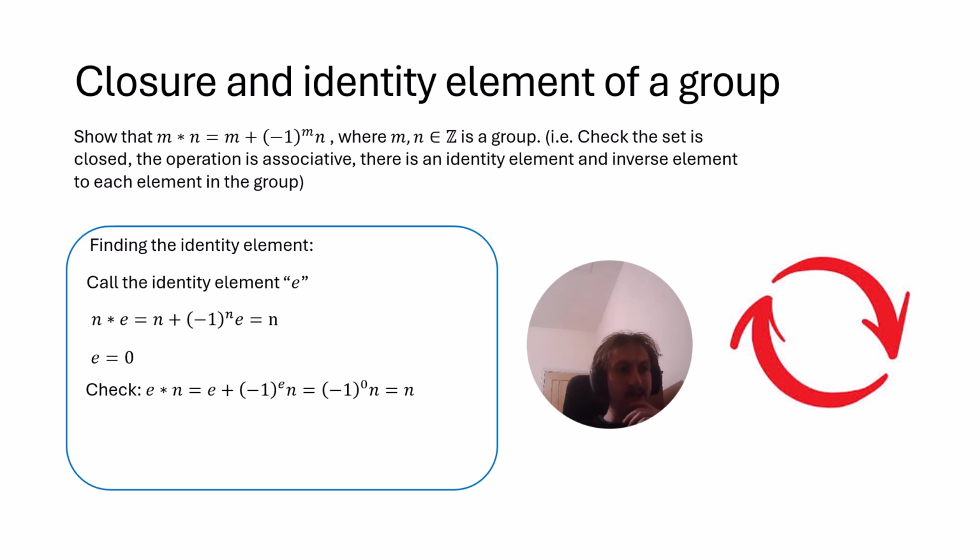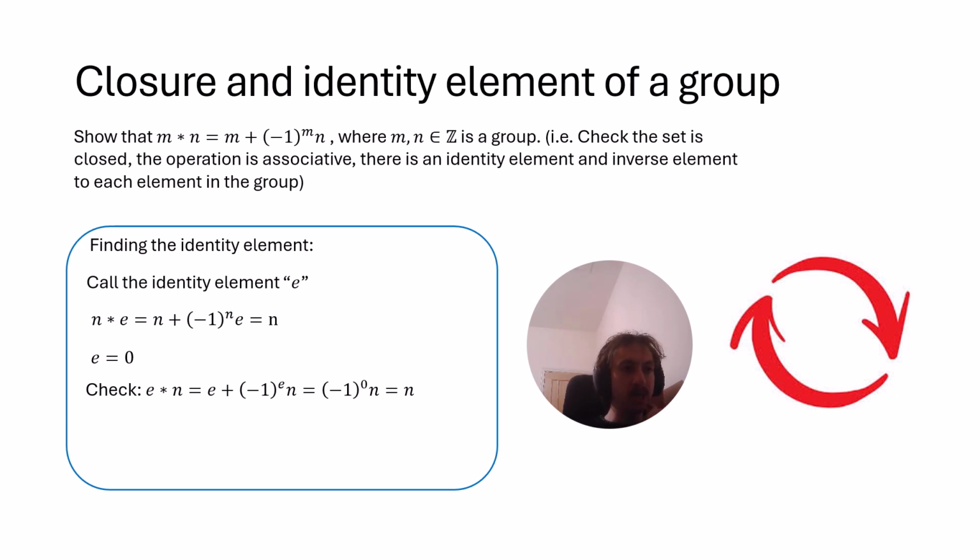And if you check, E star n will give back n on the basis that minus 1 to the power 0 is defined to be 1. So we've shown that there is an identity element for our set with the relevant binary operation.